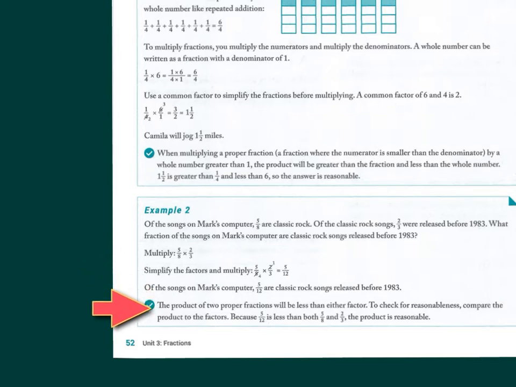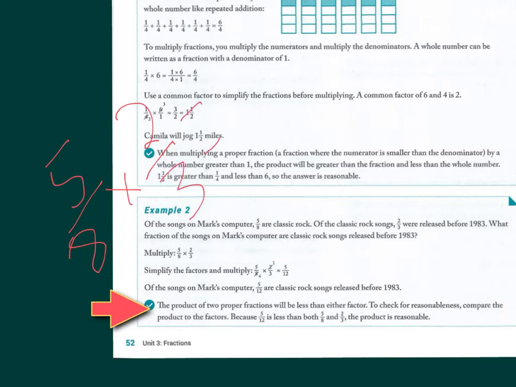Now, another way that you can work this out is you can just multiply it out. You can say 5/8 times 2/3.